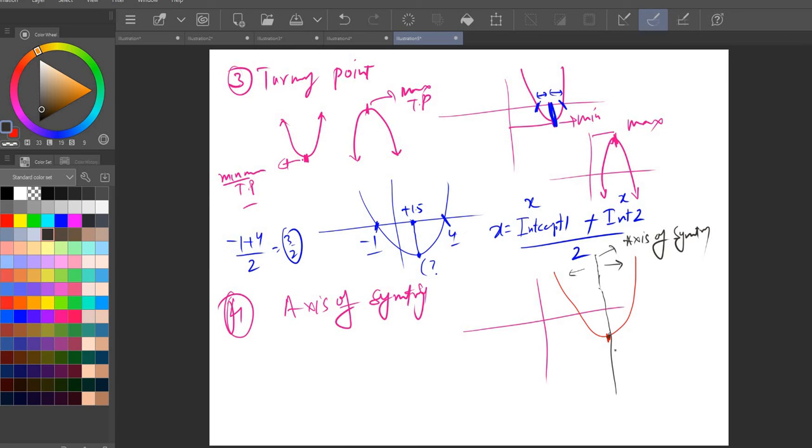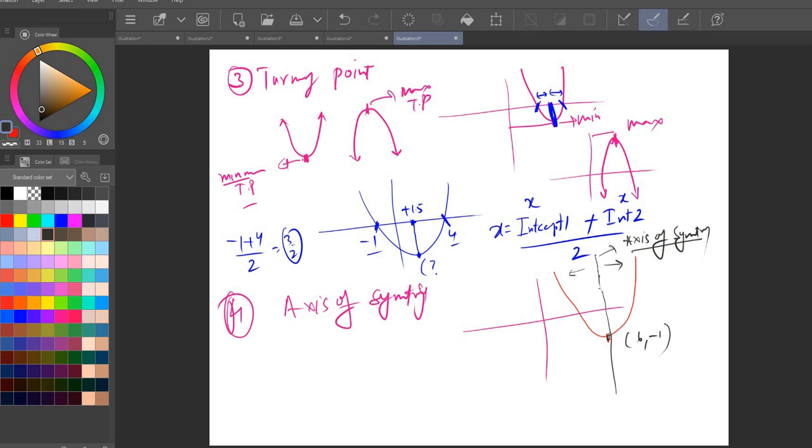Let's say this turning point was hypothetically 6 comma minus 1. So the axis of symmetry is a line, and every line has an equation. And since this line is parallel to the y-axis, that means this equation would have just the x value, which is constant and not changing.